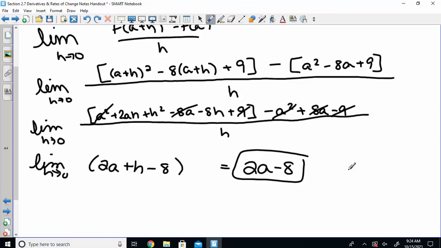So this is the derivative. That's the slope of the tangent line. So if I wanted the slope of the tangent line at 1, what would it be? 2a, my a would be 1. So it'd be 2 times 1 minus 8, so negative 6. If I wanted my slope when a is 0, it'd be negative 8.